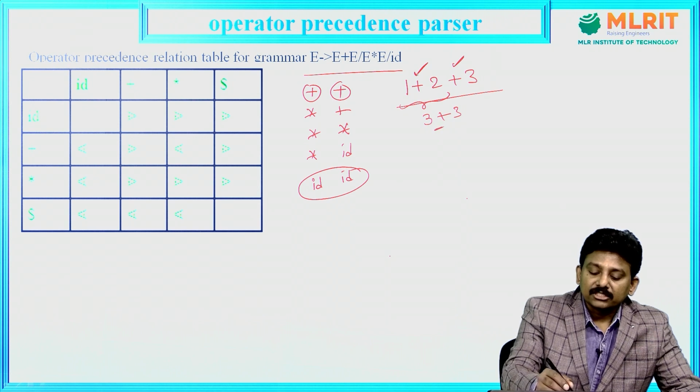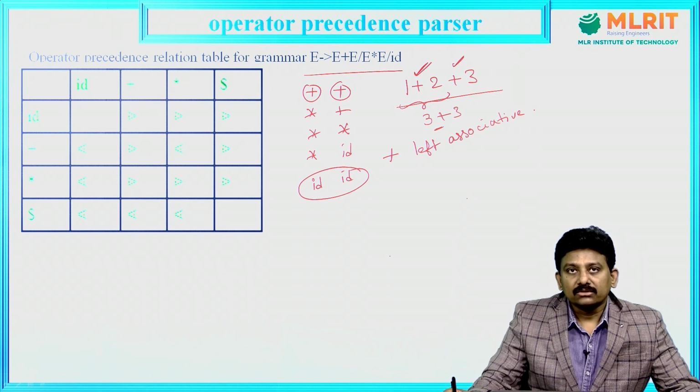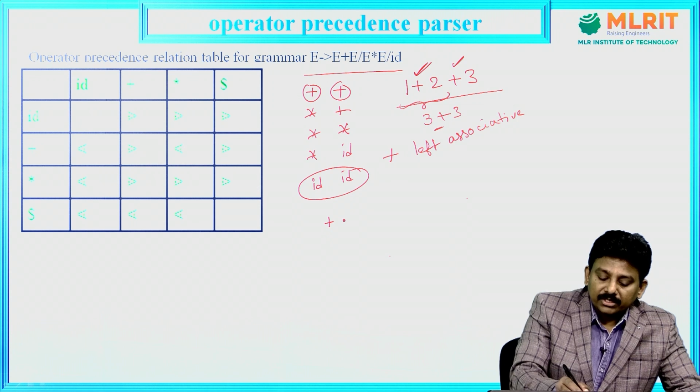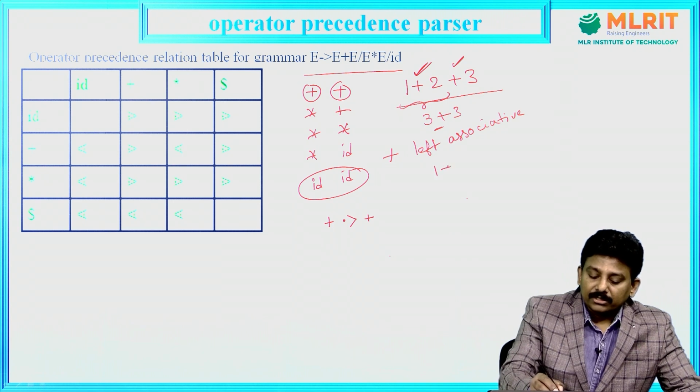So first this sub expression will be evaluated because plus is a left associative operator. So between plus and plus, the left hand side plus has more precedence than the right hand side plus.